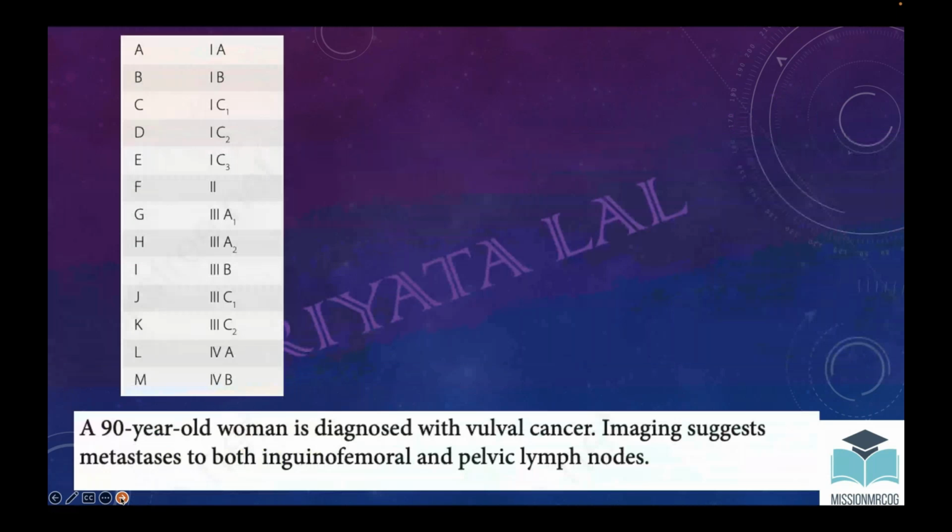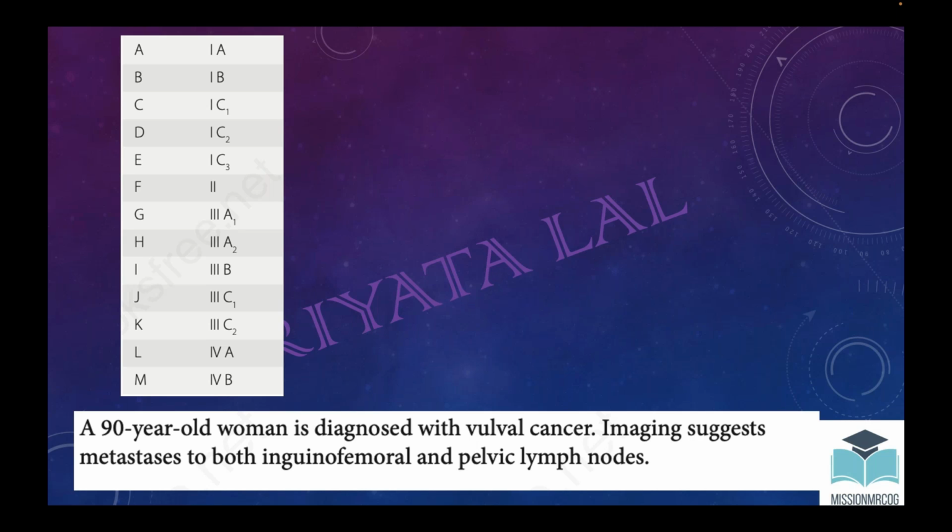Okay, now a 90-year-old woman with vulval cancer, imaging shows metastasis to both pelvic lymph nodes and inguinofemoral nodes. What is the stage? Any lymph node, it's 3A, ma'am. 4A, ma'am, because of pelvic nodes.